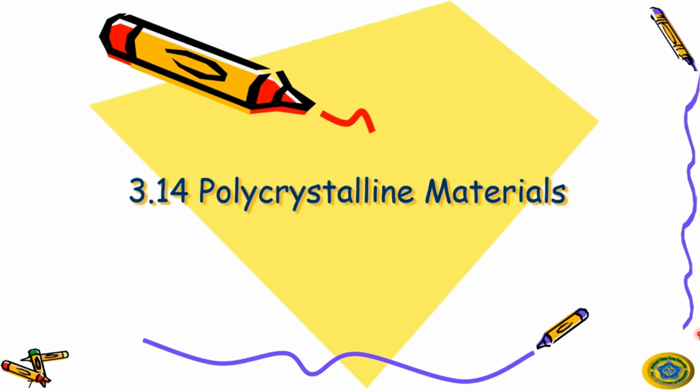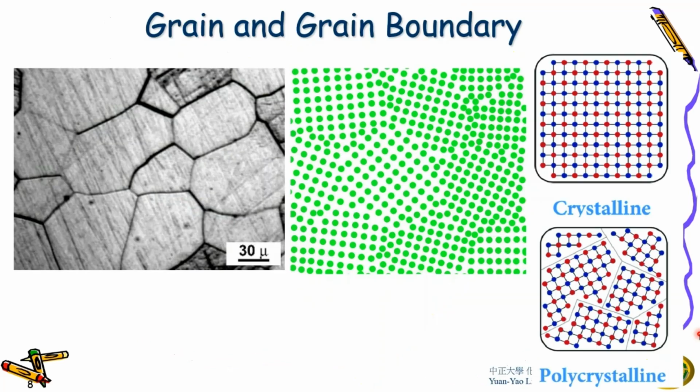Next is the polycrystalline materials. This is how it looks like, the polycrystalline. As you can see, this part looks regular. If you take a closer look from the atomic point of view, you can see that in this area the atoms are packed well, and in another area the atoms are packed well, but between two single crystals, there's a gap, or there are boundaries between single small crystals.